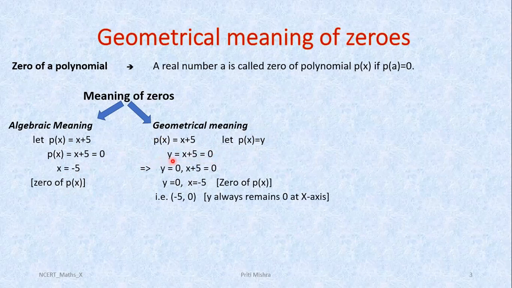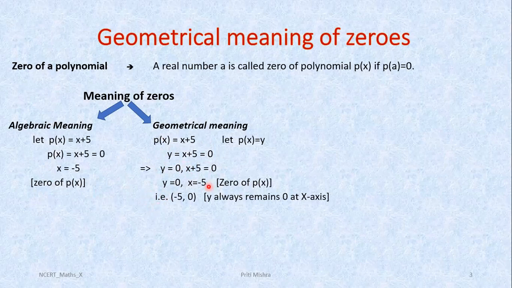As you can see, this equation is involving two terms here. So I can put y = 0 and then x + 5 = 0 independently. So y = 0, and from this second equation, I can write x = -5, which is the zero of p(x). You have found it here by the algebraic method.